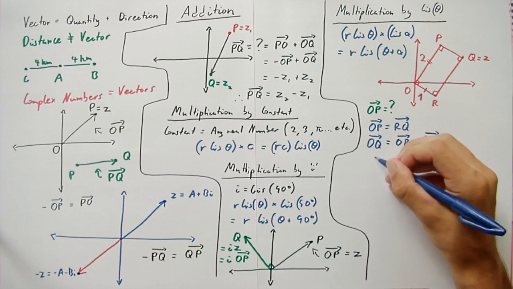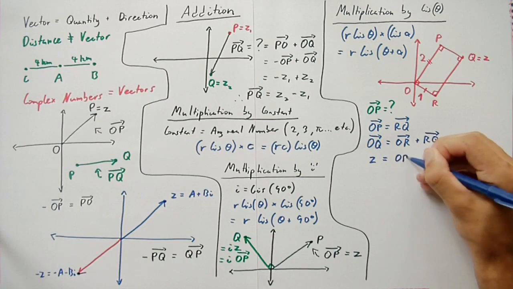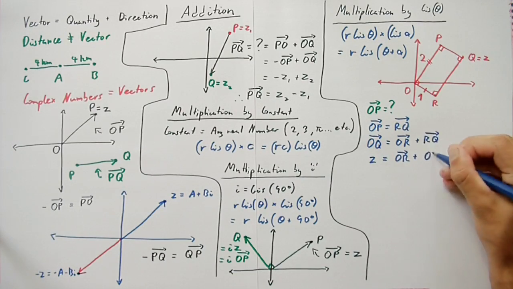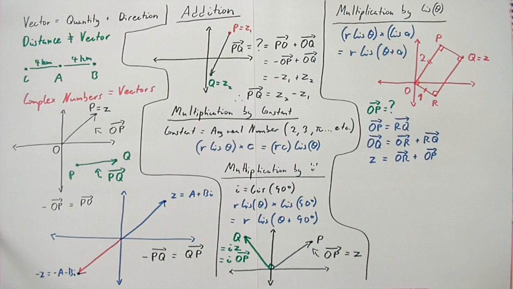Or in other words, Z is equal to OR plus OP. Because before, we learned that OP is equal to RQ. Great, so this is progress because now we've got OP in terms of Z and OR.